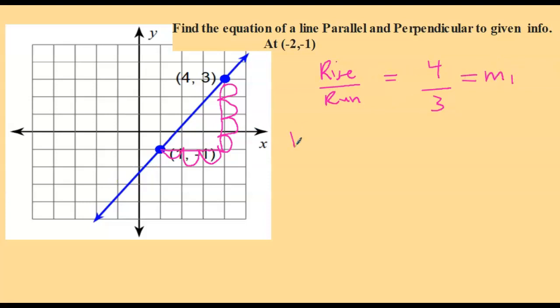Okay, so for us to find the parallel slope, which happens to be the m2 here, it's just going to be the same.